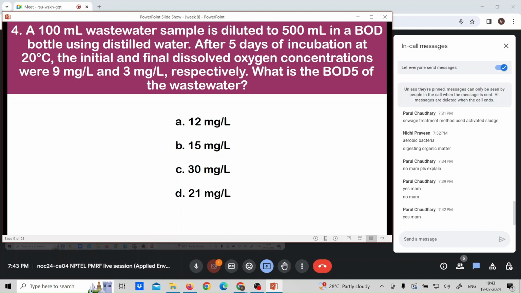What is BOD 5? Incubation after 5 days. Right.